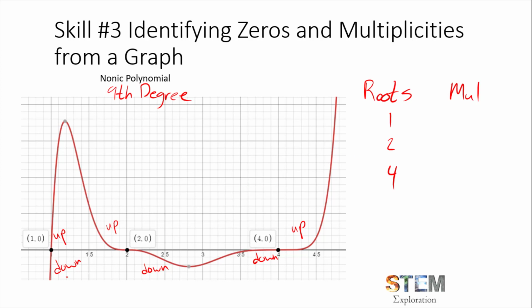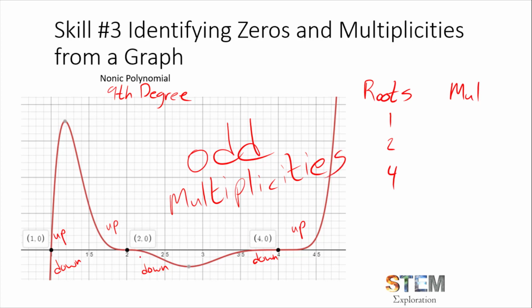What I want to point out is that all of these are up, down, or down, up behaviors. So that means that the multiplicities for all of these have to be odd, because all the behaviors are varying in that way.